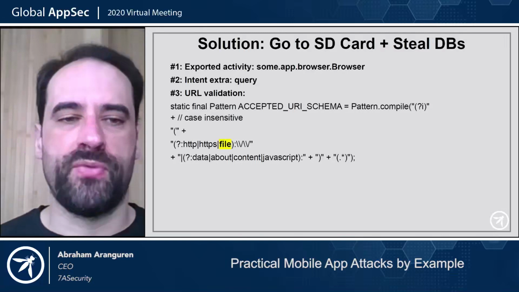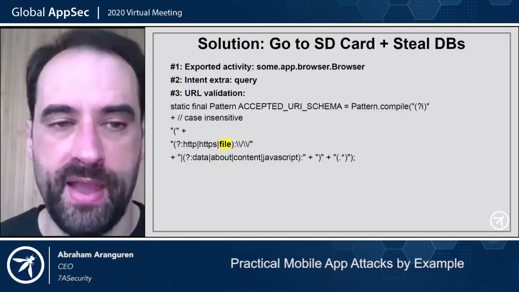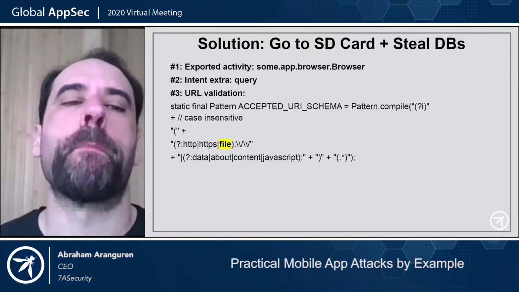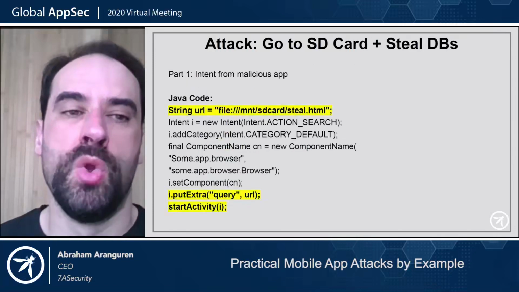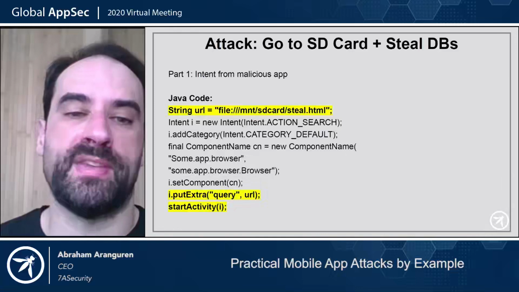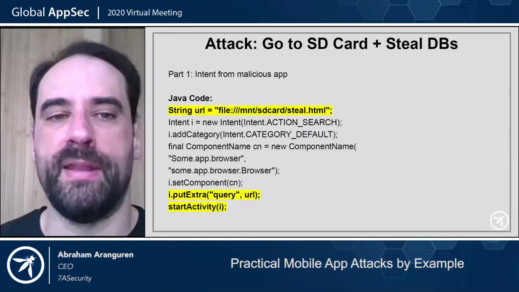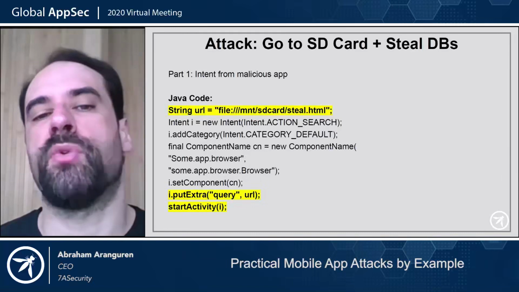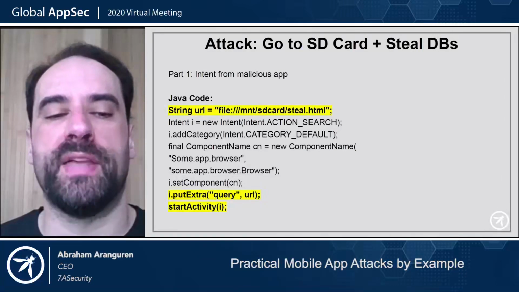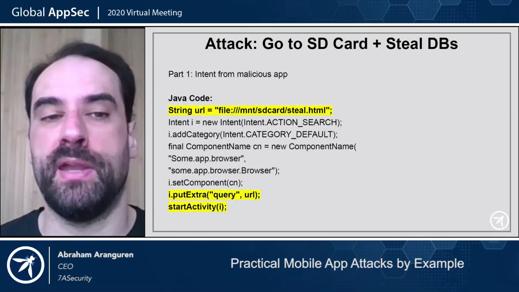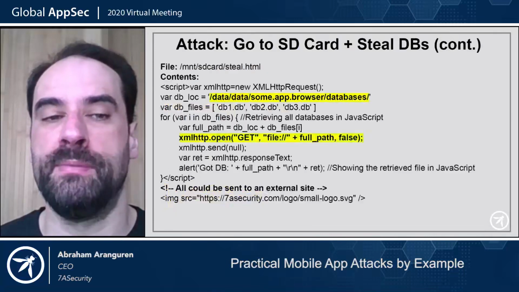And the vulnerability is, of course, that the file URL scheme is being accepted, right? So this is a dangerous URL because, as a malicious application, we can define this URL on the SD card. So we can write this file on the SD card, and then we can send an intent to the app so that it navigates to this file URL.